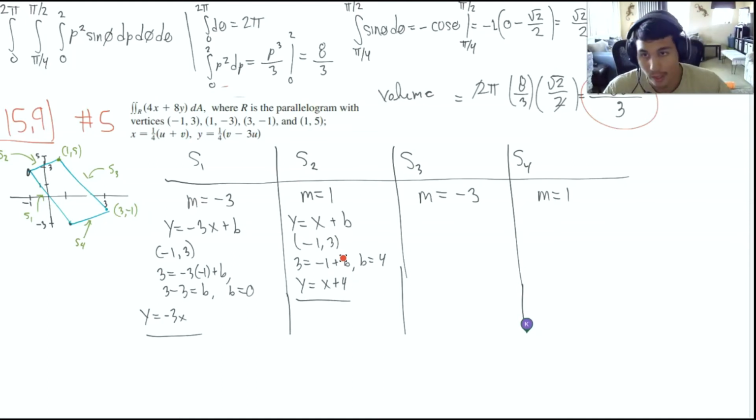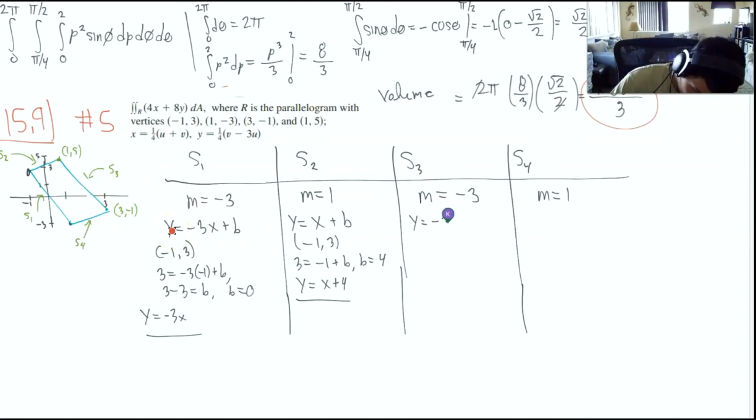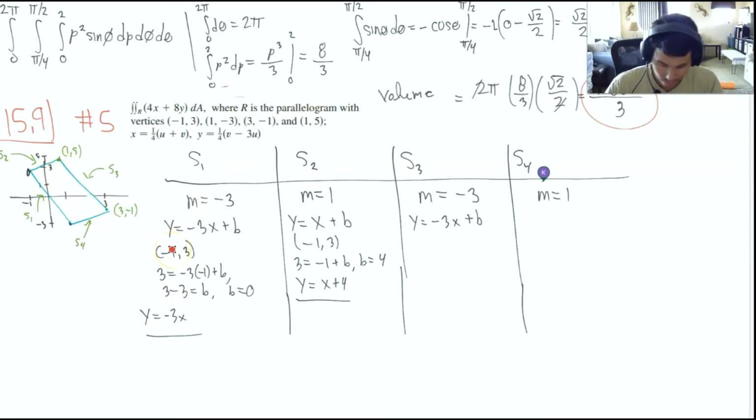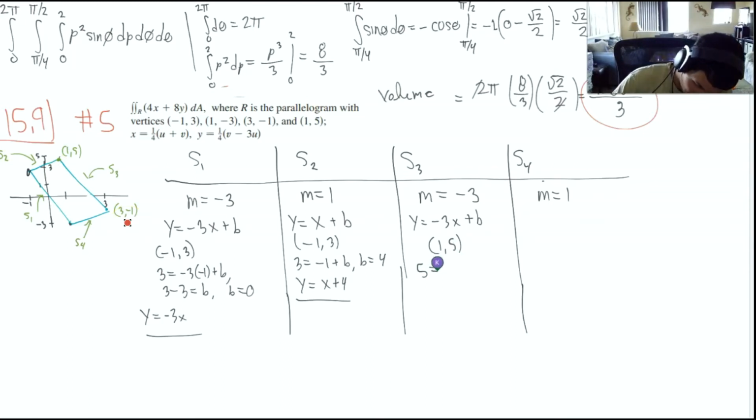Okay. Now for S3, we know y is equal to -3x plus b. And let's think about what point we can use. We can use 1, 5, because that is a point on that line. So y equals 5, x equals 1. Okay, and then we can see that b is equal to 5 plus 3, right?